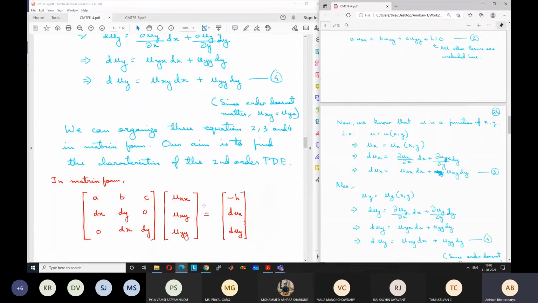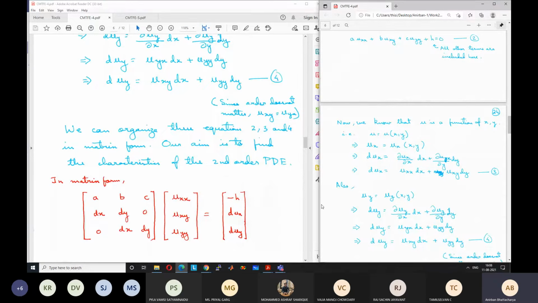First equation is this one: A uxx plus B uxy plus C uyy is equal to minus H. Second equation is dx into uxx plus dy into uxy plus 0 into uyy, because there is no uyy term, is equal to dux, which is on the other side.